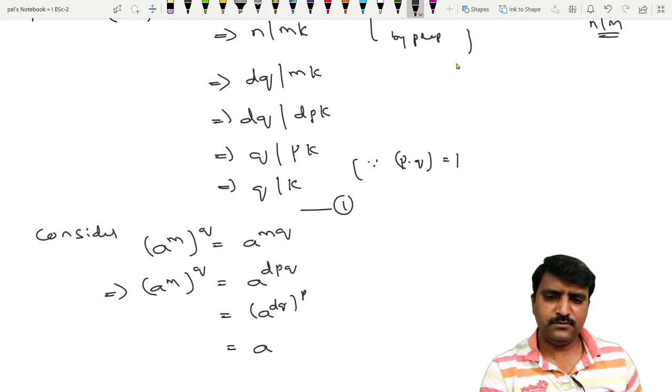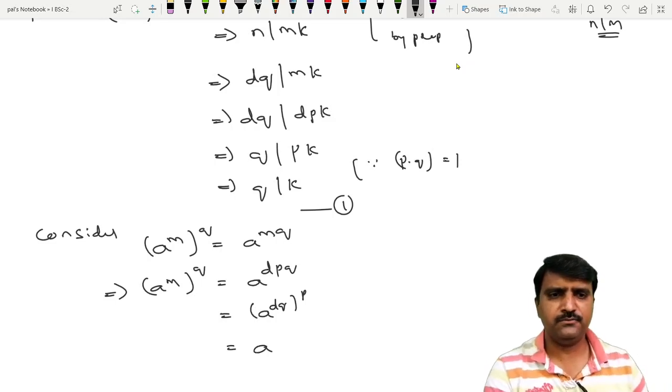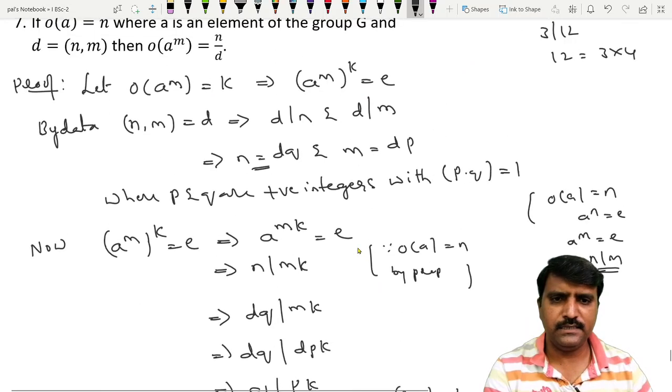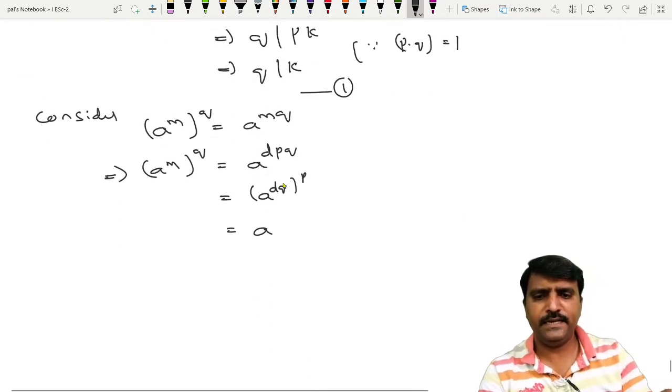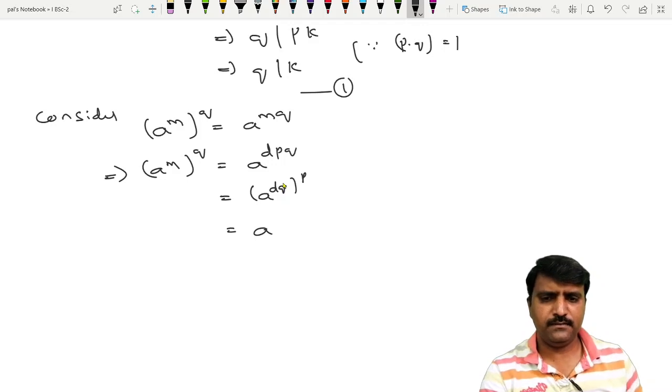We consider that dq means it is n, so you write it as a to the power of n whole to the power of p. What is a to the power of n?